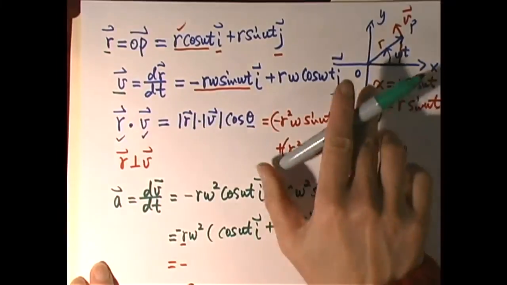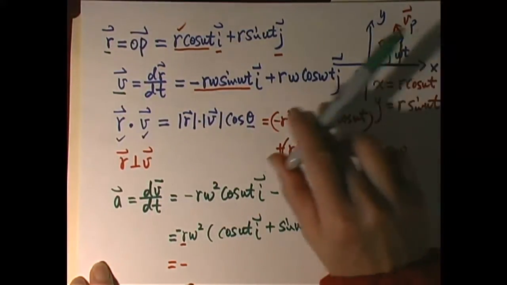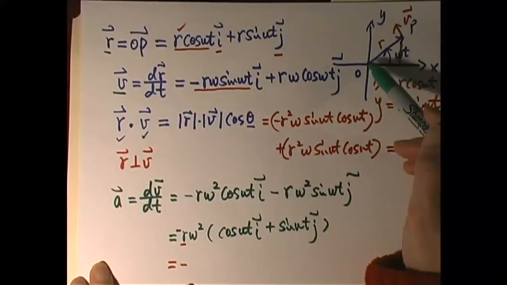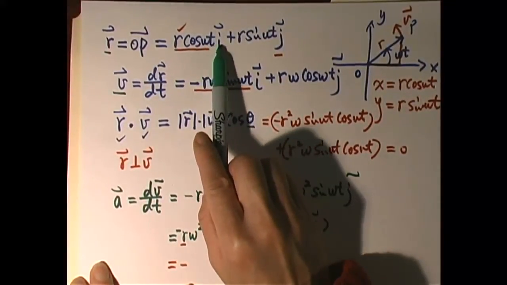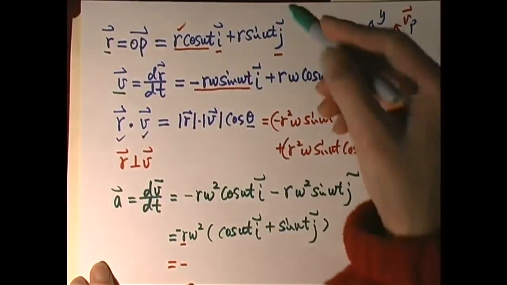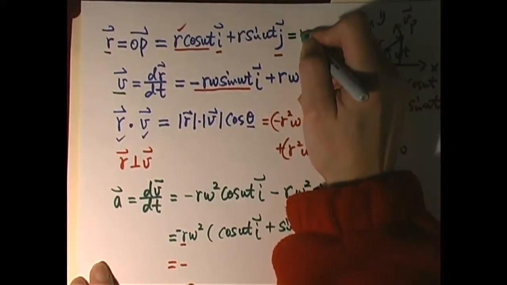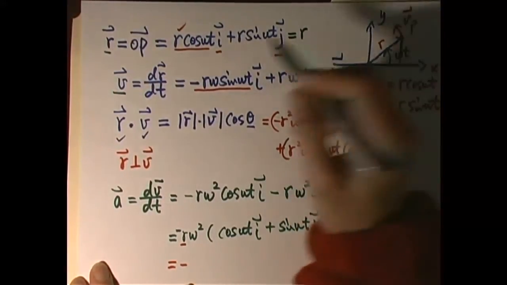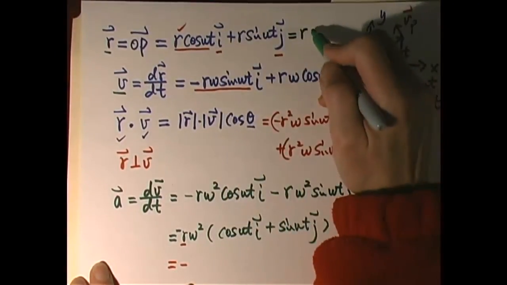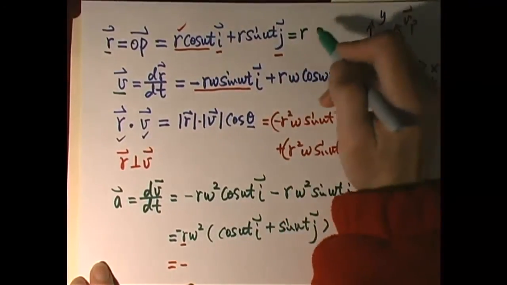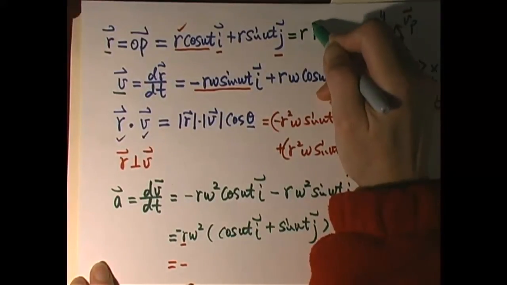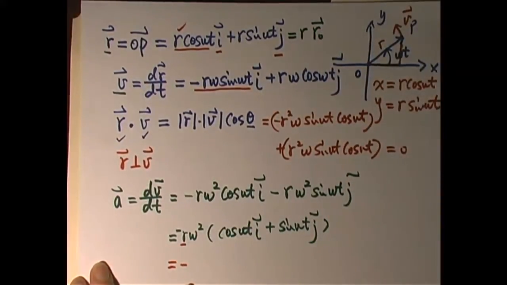This r is called centrifugal because it's pointing away from the center of the circle. Look at the expression: r cosine omega t i plus r sine omega t j. If I rewrite it, I have this r as the magnitude. The cosine omega t i plus sine omega t j is the unit vector of r, which means it represents the radius direction, and its magnitude is 1. How do we know that?